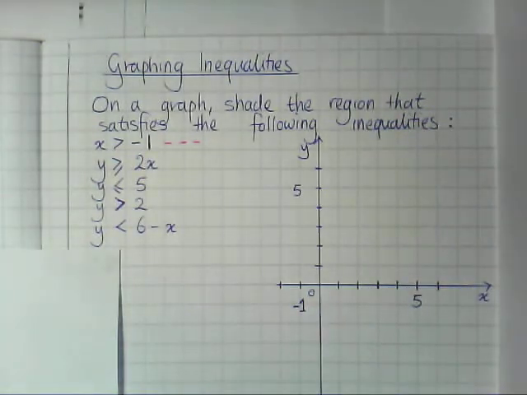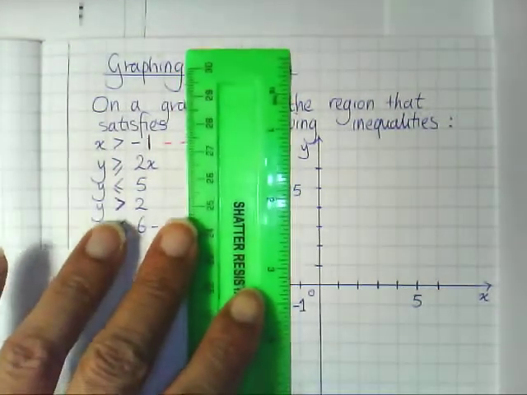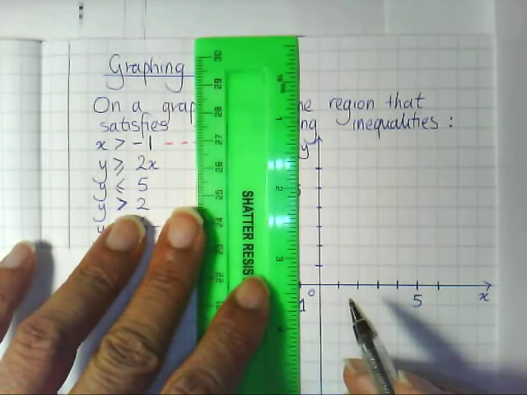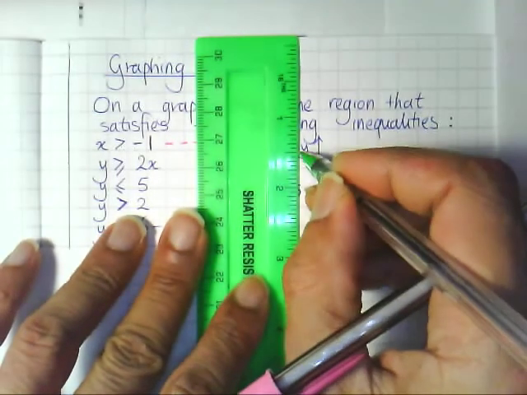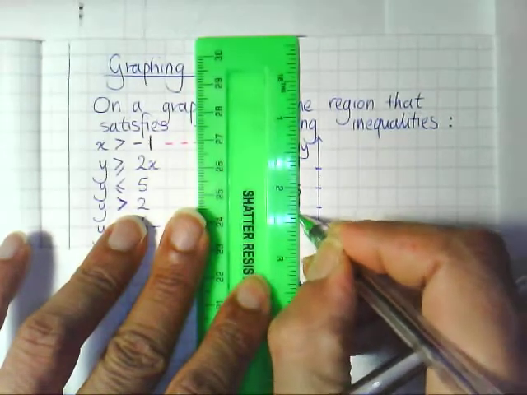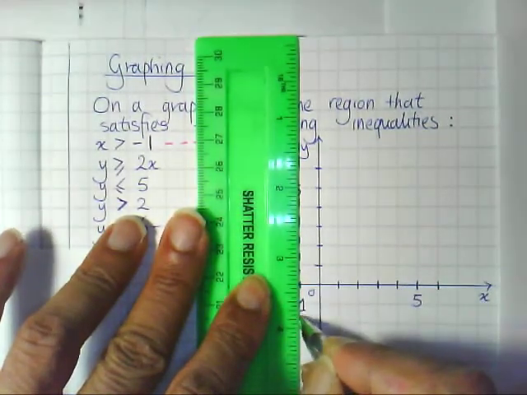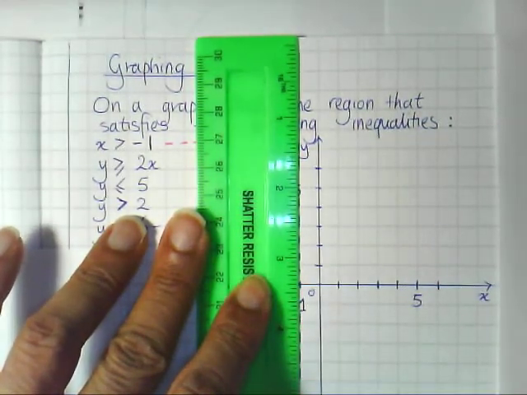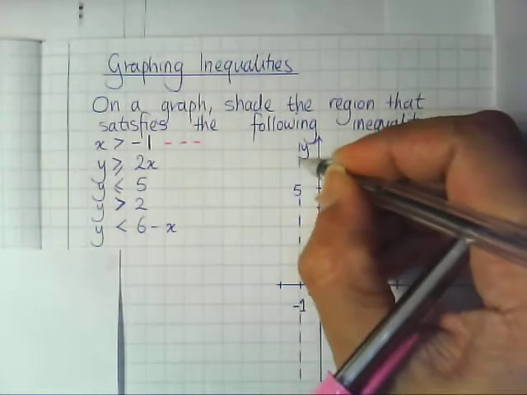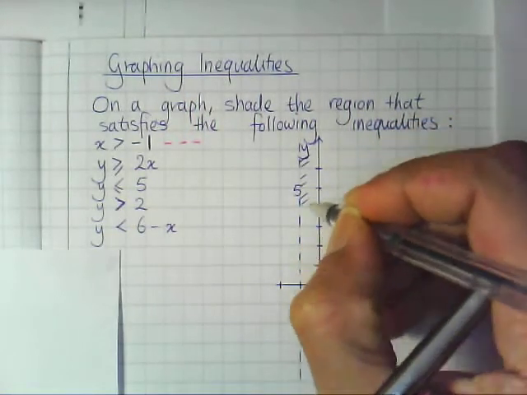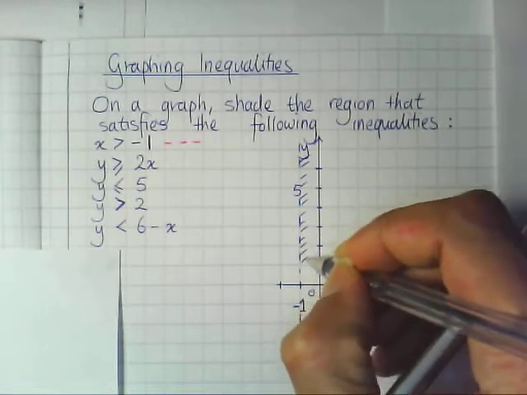So we can draw that. It's going to be a vertical line at x equals -1 and shaded to the right of the line.